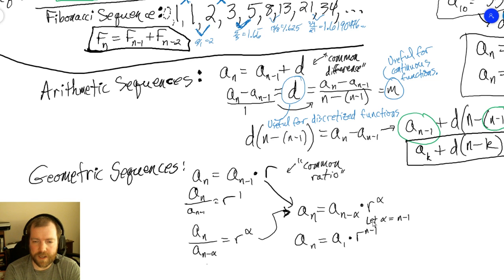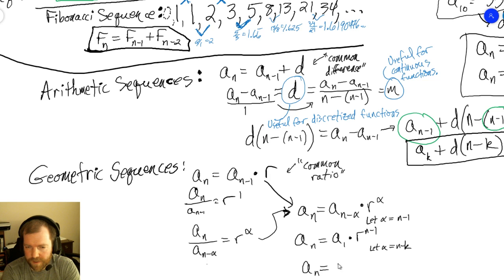But if you let alpha be just, what is it, n minus k was the one that I always do, then we end up with a sub n equal to a sub n minus n goes away, minus a negative k, is a sub k times r to the n minus k.